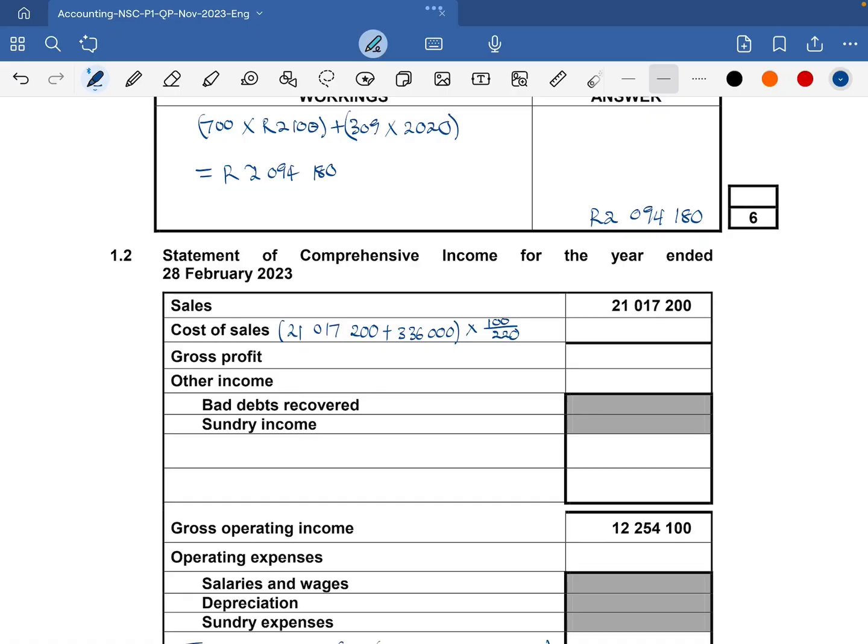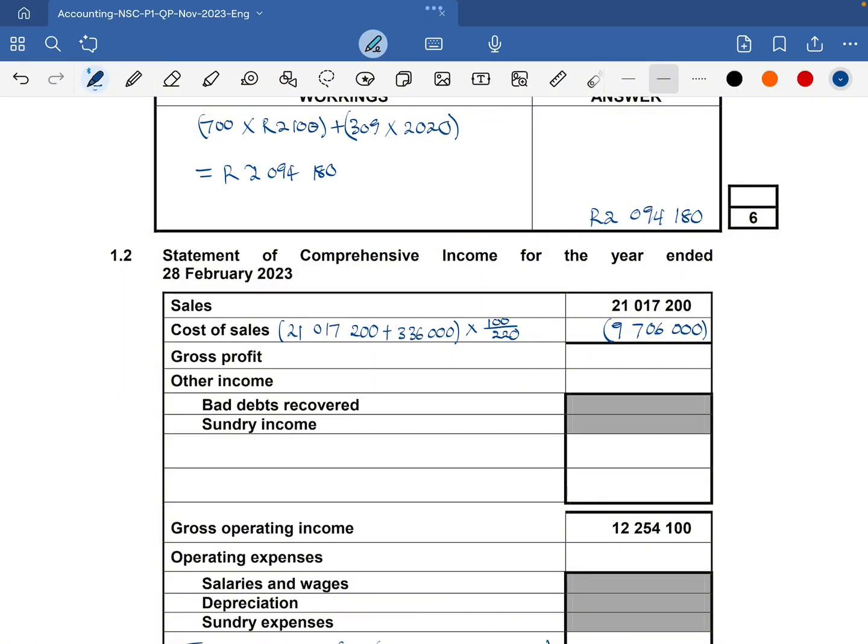Okay, that's 21,017,200 plus 336,000 times 100 over 220, and then the cost of sales amount is 9,706,000. That's our cost of sales.